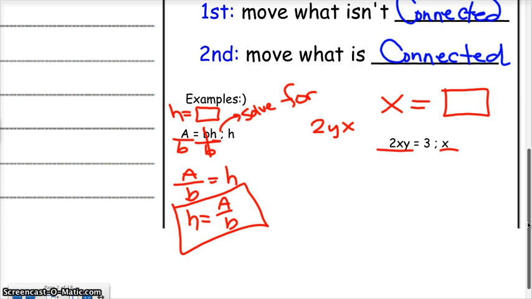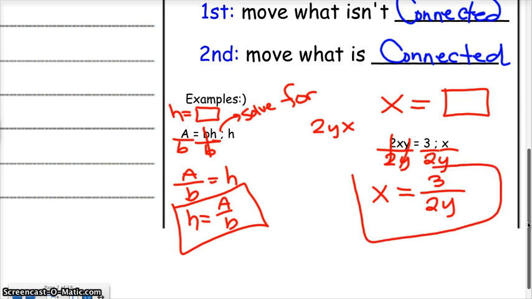I just divide everything at one time. So I divide through by 2y. Notice that cancels out. Oops, I forgot, I've got to do it to the right too. And what am I left with on the left-hand side? X equals 3 over 2y. Am I done? Yes, because x is alone.